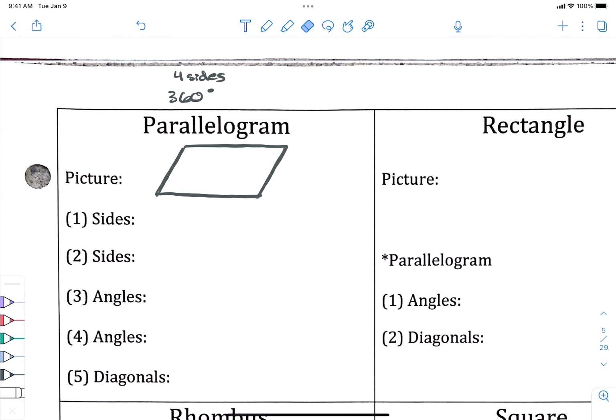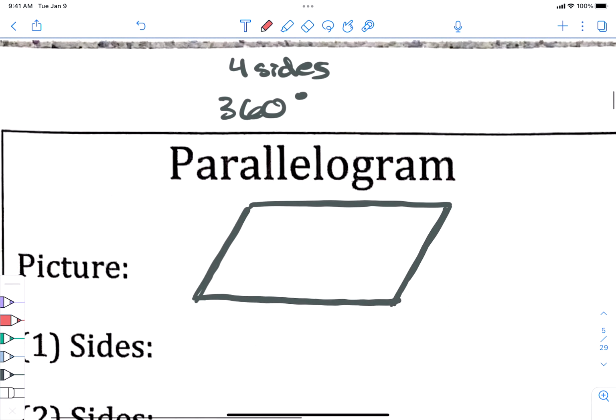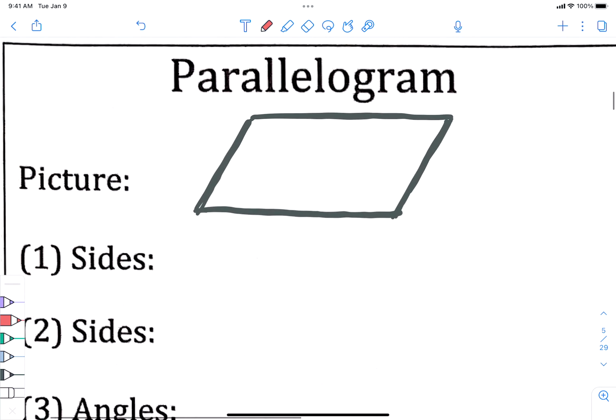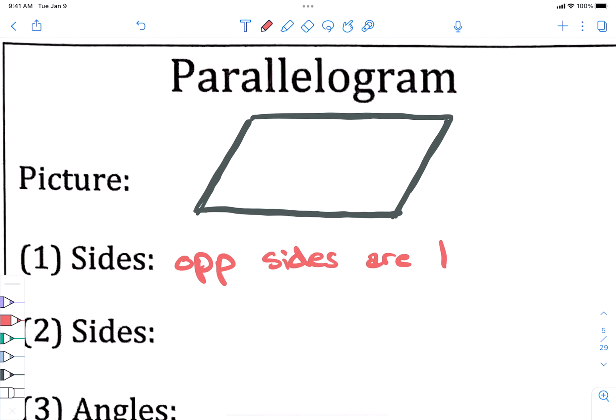Okay, so let's talk about some sides here. And if we have this parallelogram, what's really unique about the sides of that parallelogram? Yeah, so I heard Angel say like the opposite ones are parallel, right? Okay, so I'm going to say opposite sides are parallel.